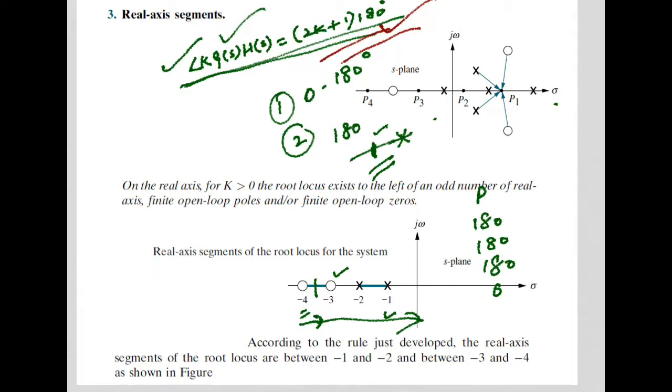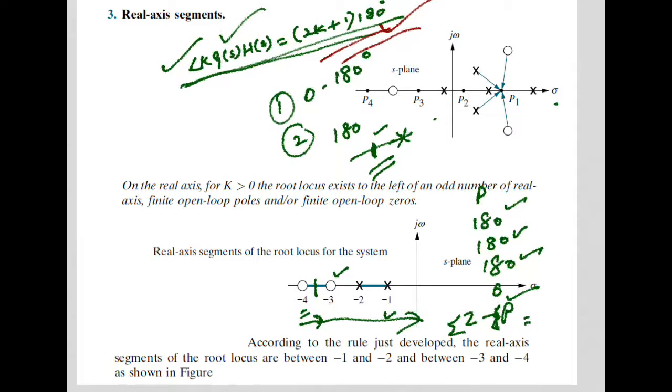Now you will see that we have different contributions. This is the contribution for -1, this is for -2, this is for -3, and this is the contribution due to -4. So as per the angular definition, that is the sum of the angles of the zeros minus the sum of the angles of the poles.